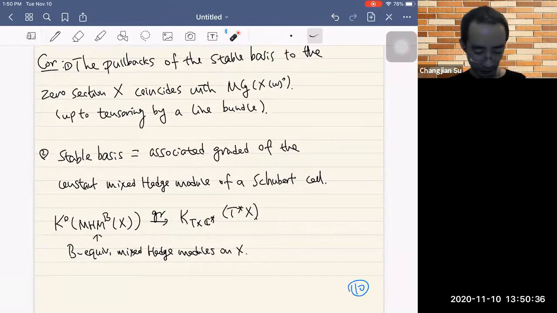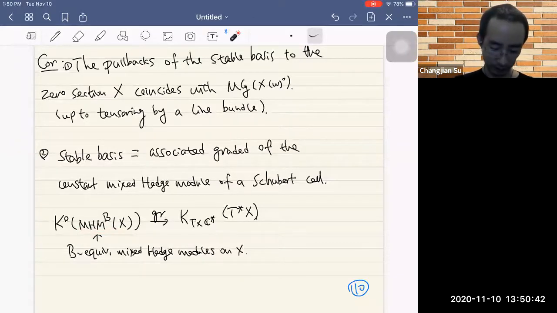This element here will consist of a holonomic D-module and also a perverse sheaf. They will match with each other under the Riemann-Hilbert correspondence, and also there is some nice filtration on this D-module called the Hodge filtration, and also another filtration called the weight filtration, satisfying some nice properties.